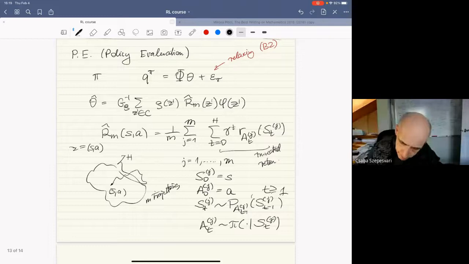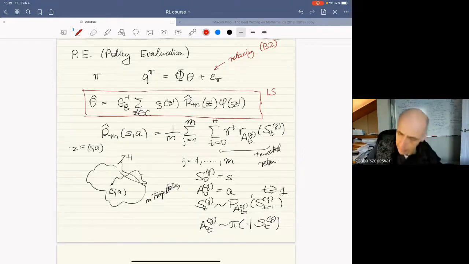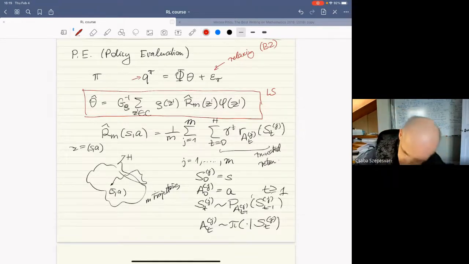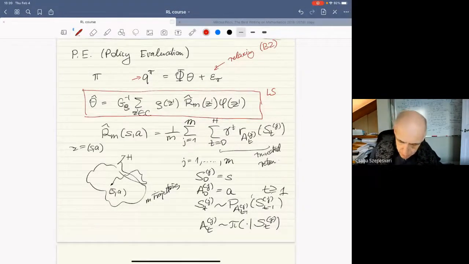And so once you have done this, then you just run your least squares. So this is your least squares solution. And now we want to see how good this least squares solution is going to be in approximating Q of pi. So we want to see that Q of pi is well approximated.